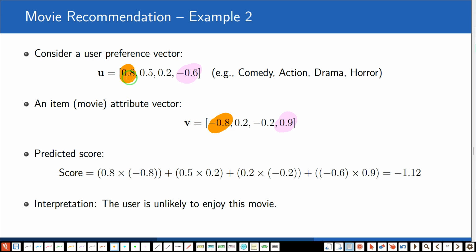The user likes comedy movies, but this one doesn't have any comedy component, and because of that, we end up with this negative score. The user is unlikely to enjoy this movie at all. So we're not going to recommend this movie because we know that it's not the user's favorite.